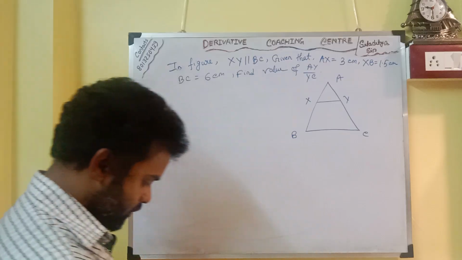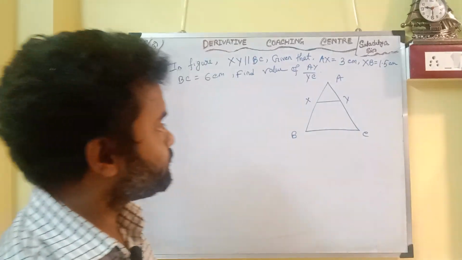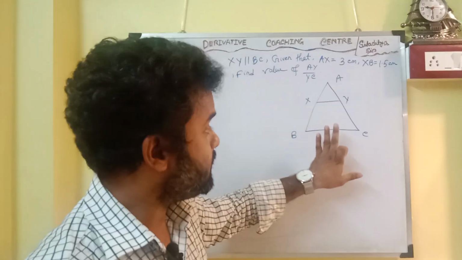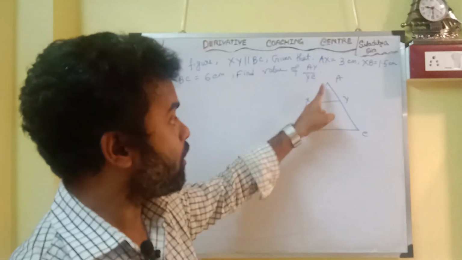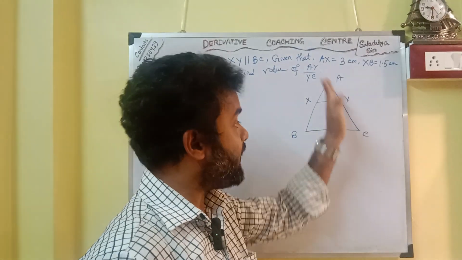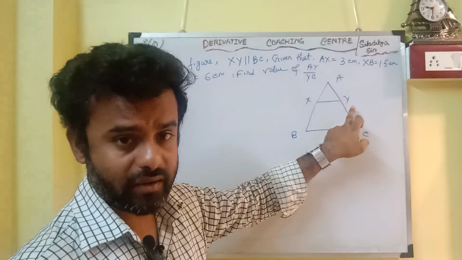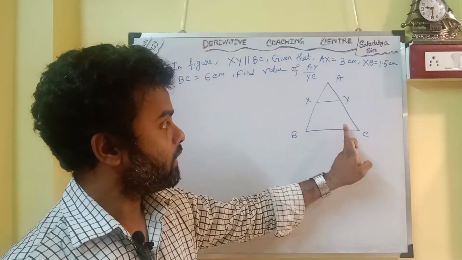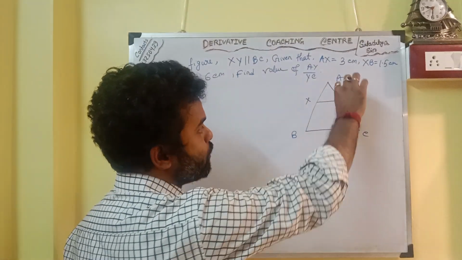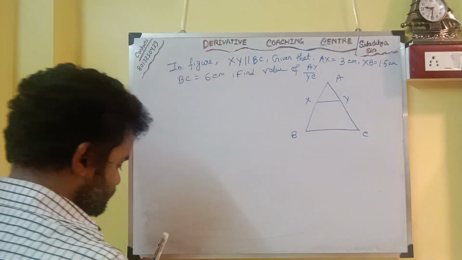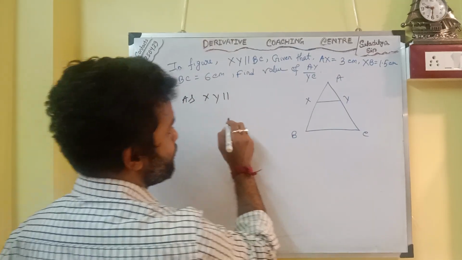We already know from Thales' theorem that in a triangle ABC, if X is any point on side AB and Y is any point on side AC, and you draw a line parallel to BC, that is XY, then AX by XB equal to AY by YC.